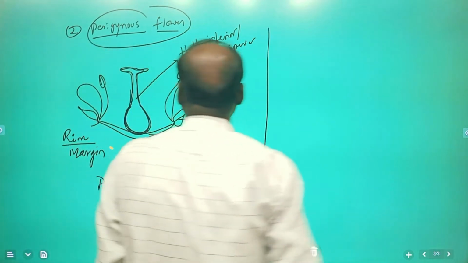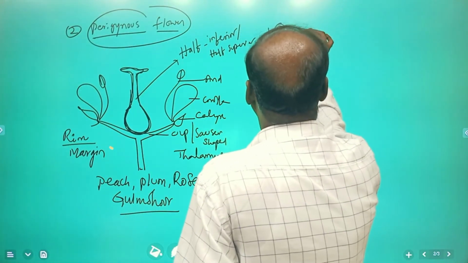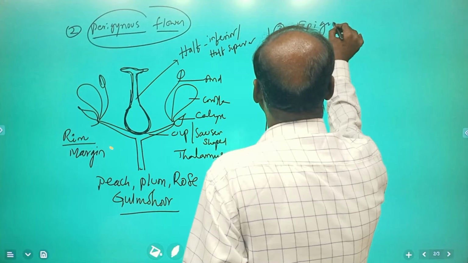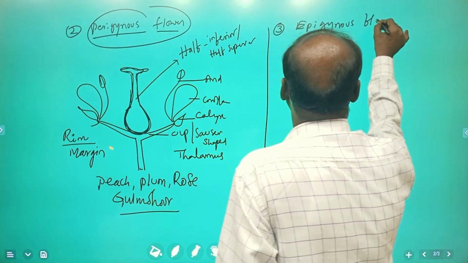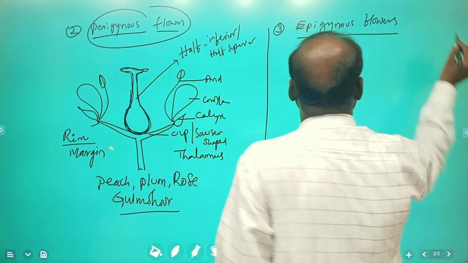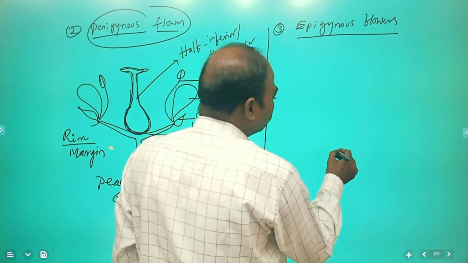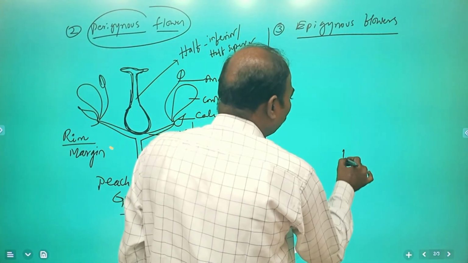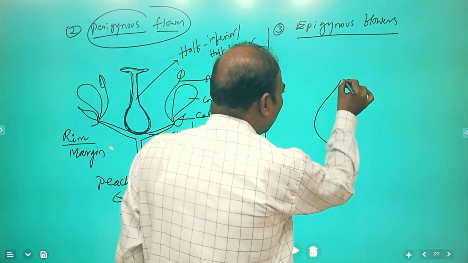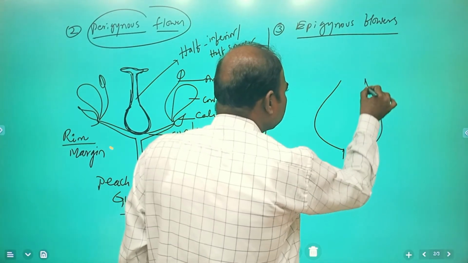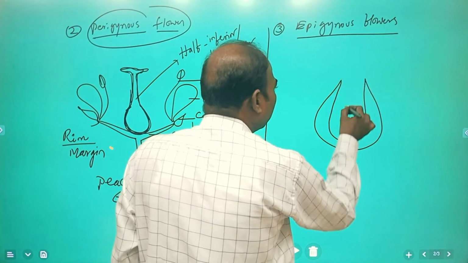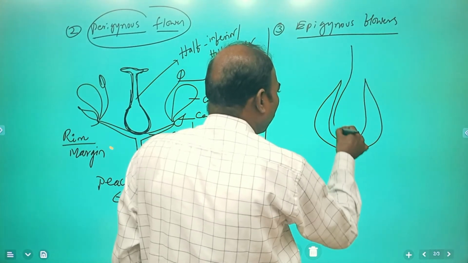Then the third one, epigynous flowers. Here, the thalamus grows along with the ovary and occupies the total ovary.